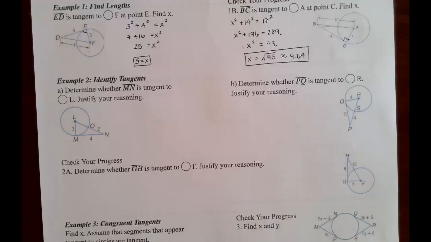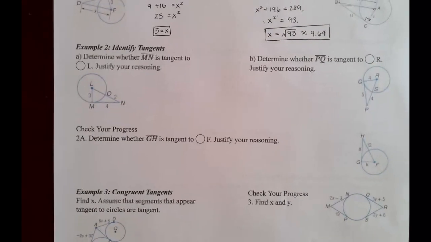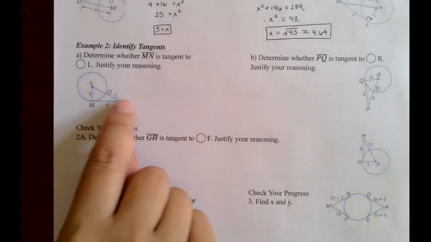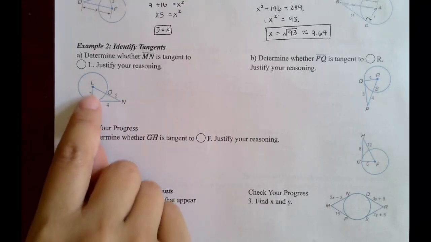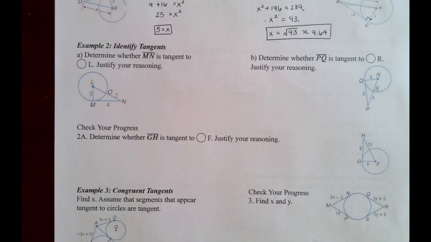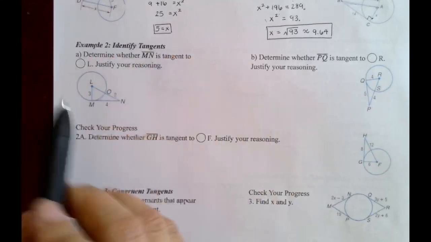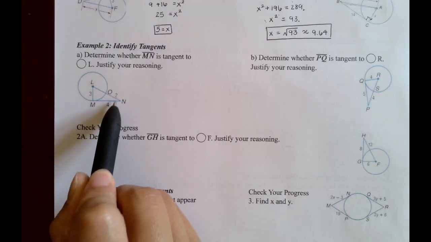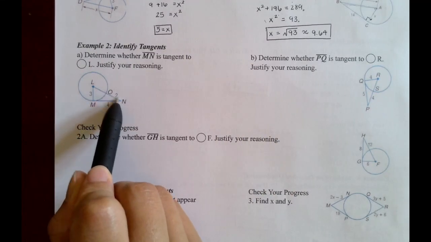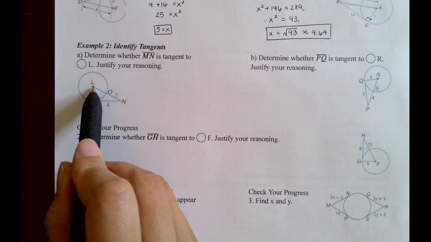So we're going to use that to now determine whether line MN here is tangent to L, and justify your reasoning. So here LM is 3, MN is 4. This 2 here is only ON. So what is LO?